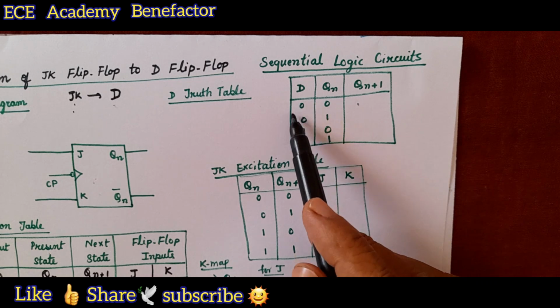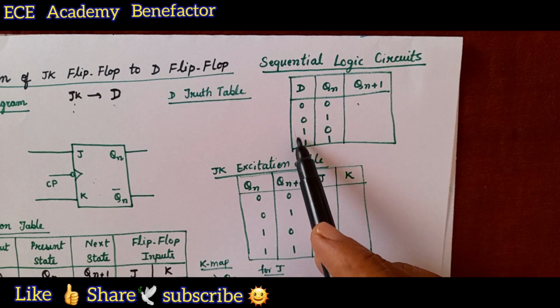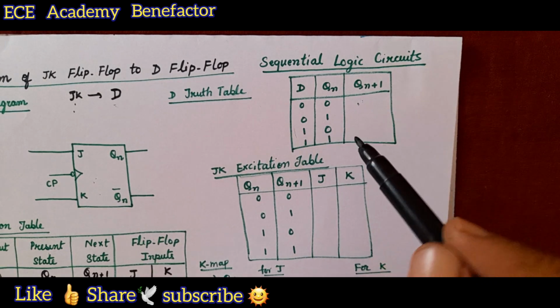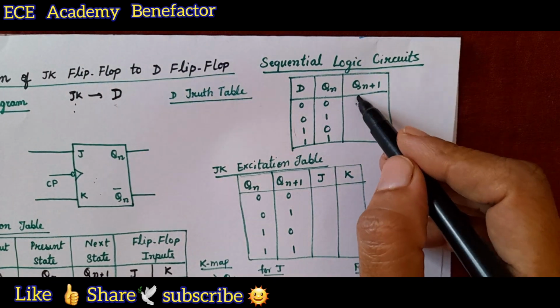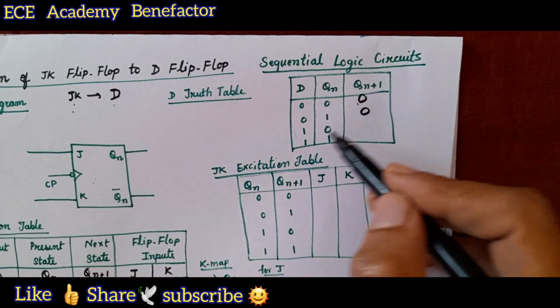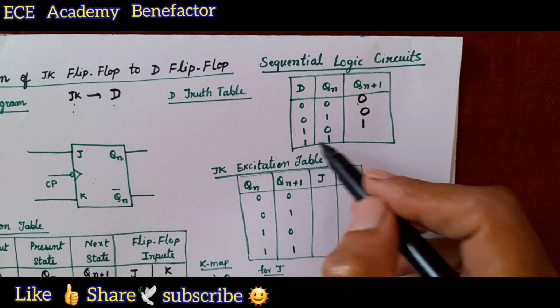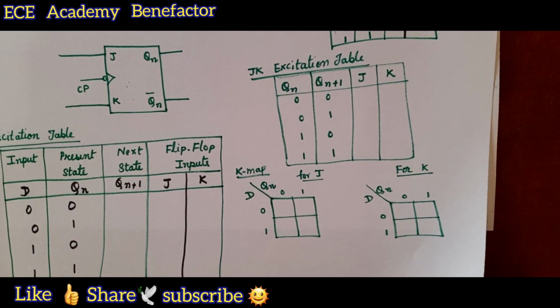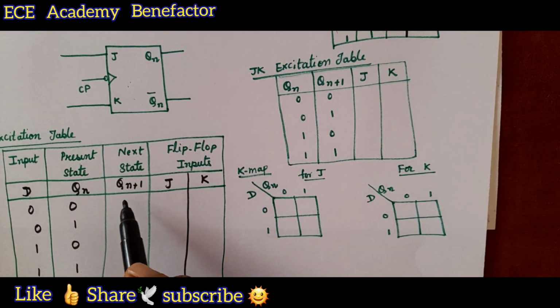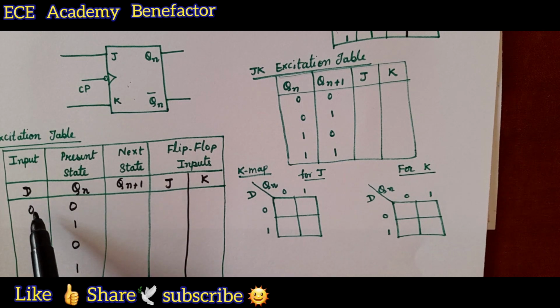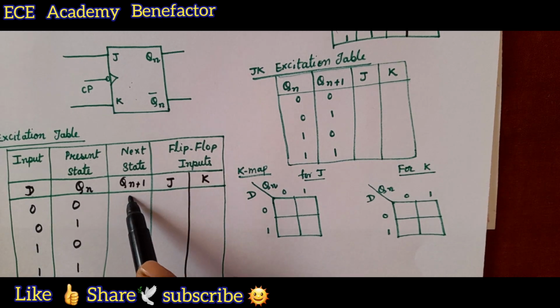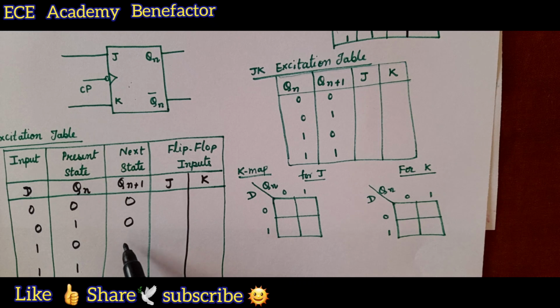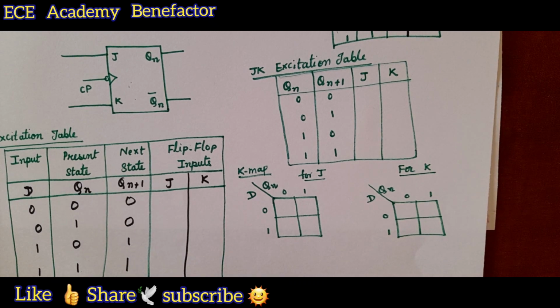So, whatever is the D input, the same will appear at Qn plus 1. So, we can write it 0 0 1 1. This is the D truth table. So, we can fill this next column here. So, whatever is D, that is 0 0 1 1.